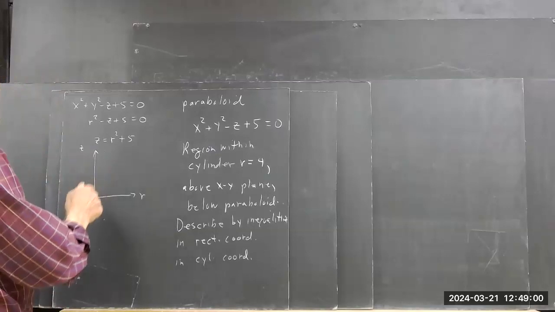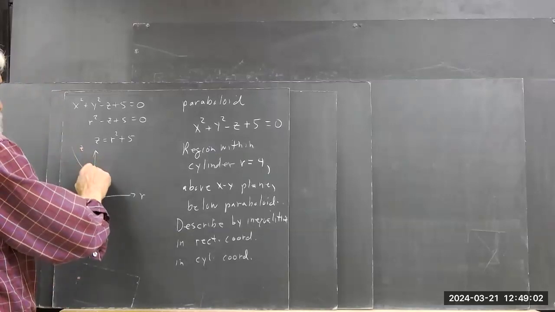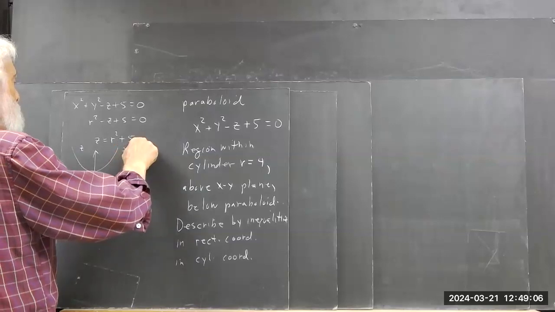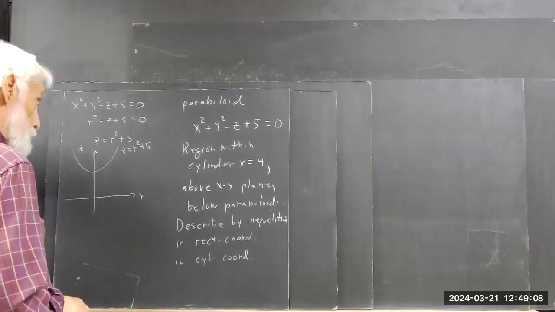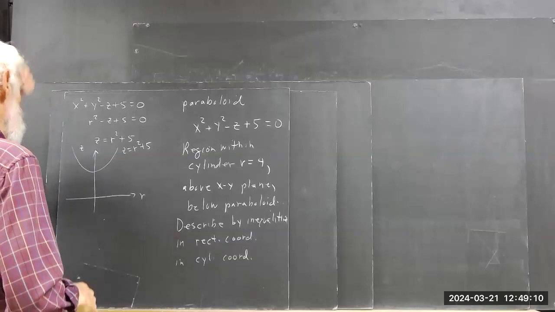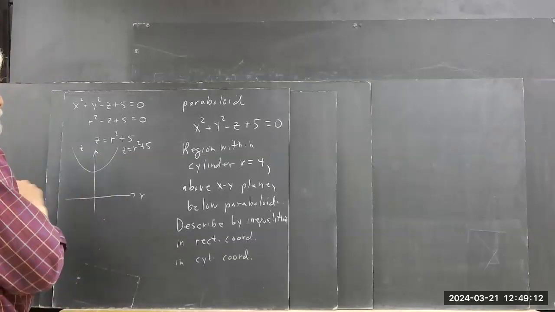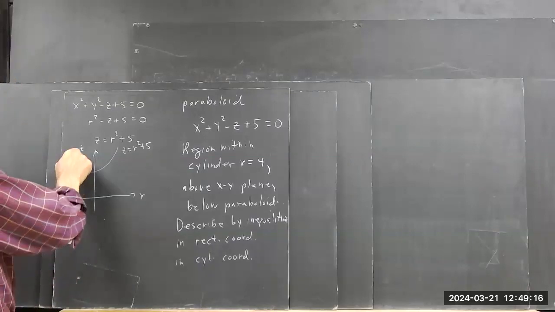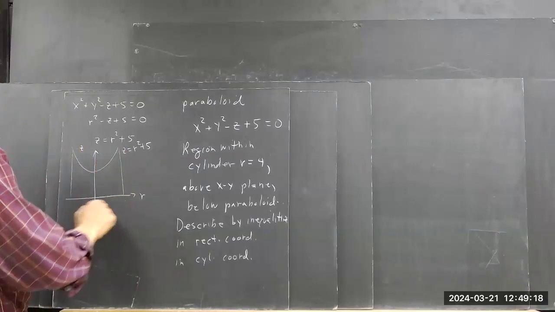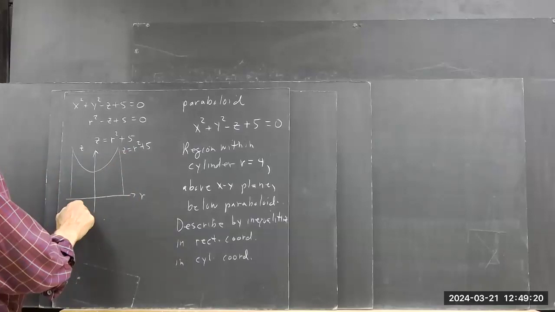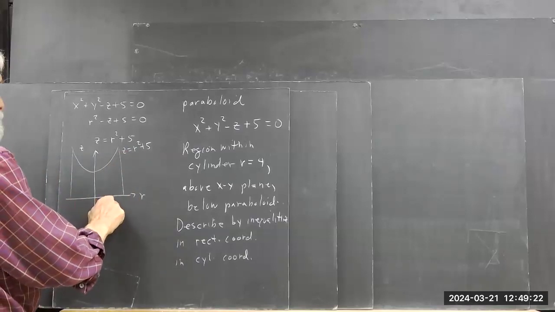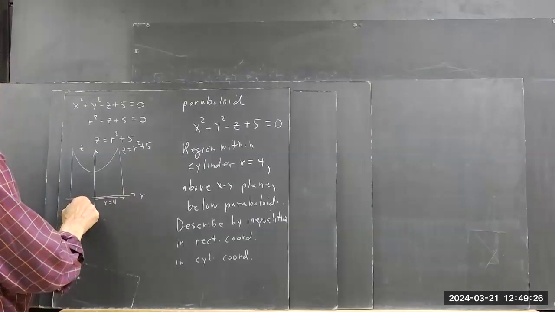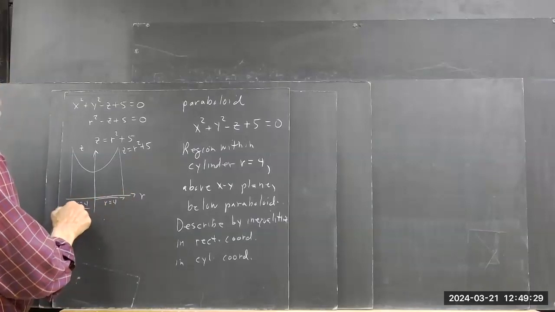Okay, well, z equals r squared plus 5, that's pretty simple. And down here is one side, r equals 4 this way, r equals 4 this way.